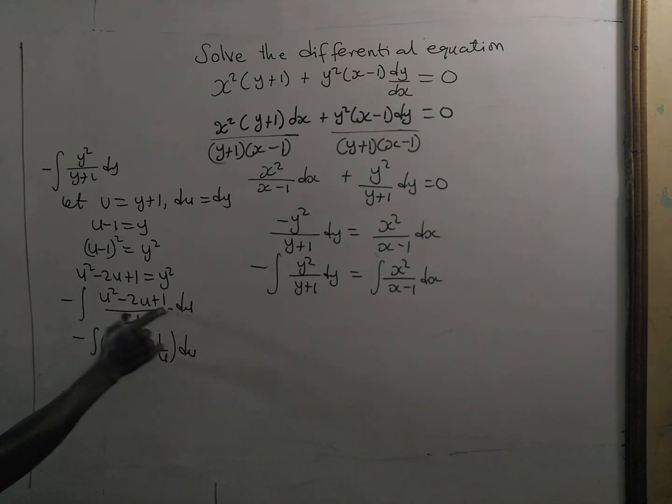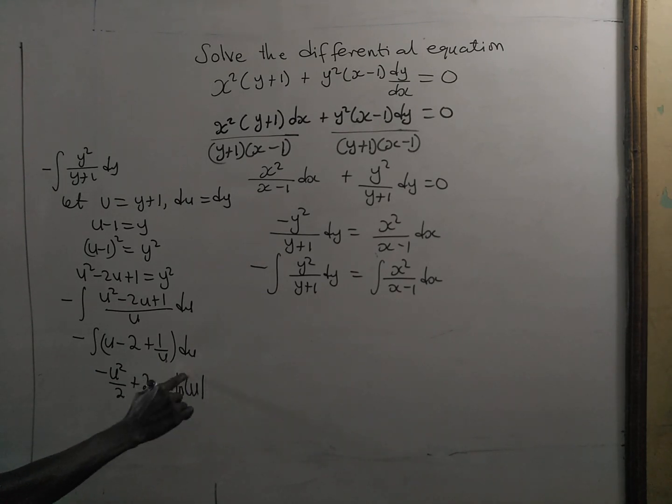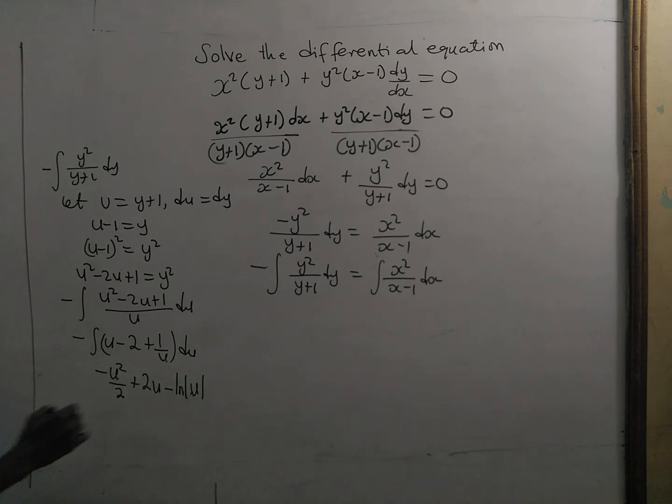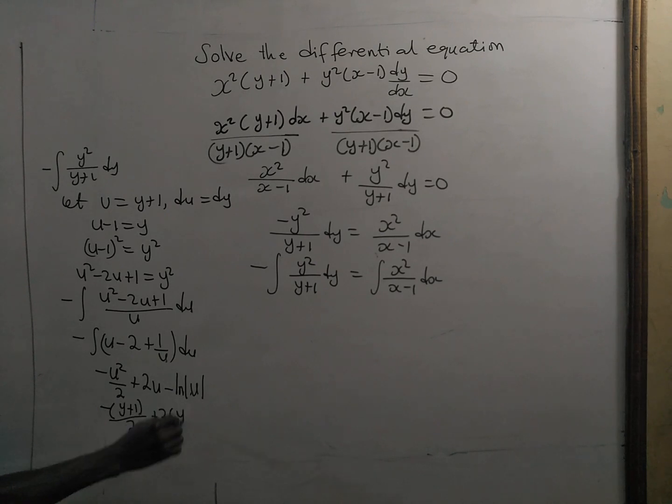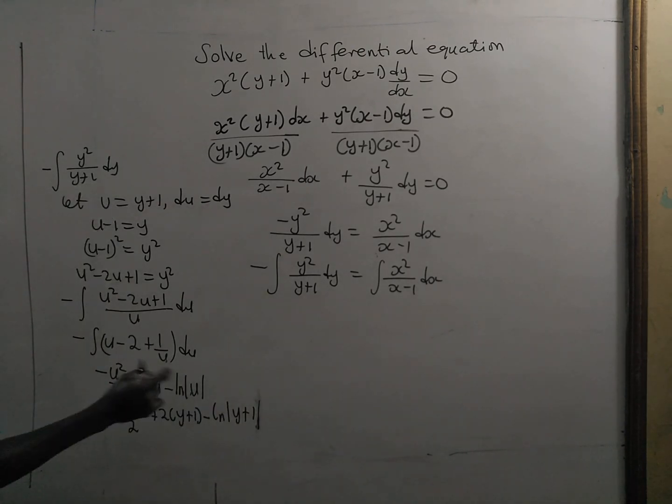If we divide each term by u, this will give us minus u squared divided by 2 plus 2u minus natural log of u. And this will give us minus (y plus 1) squared divided by 2 plus 2 times (y plus 1) minus natural log of (y plus 1) for this one.